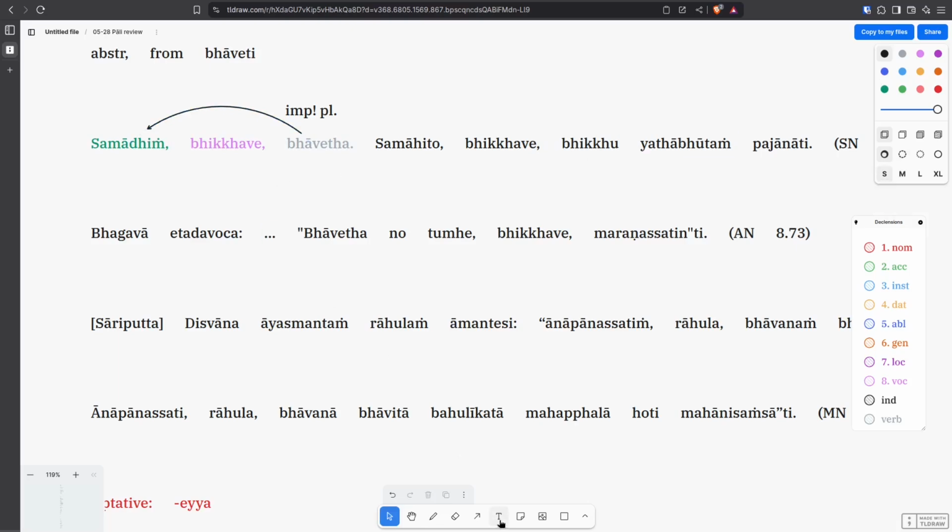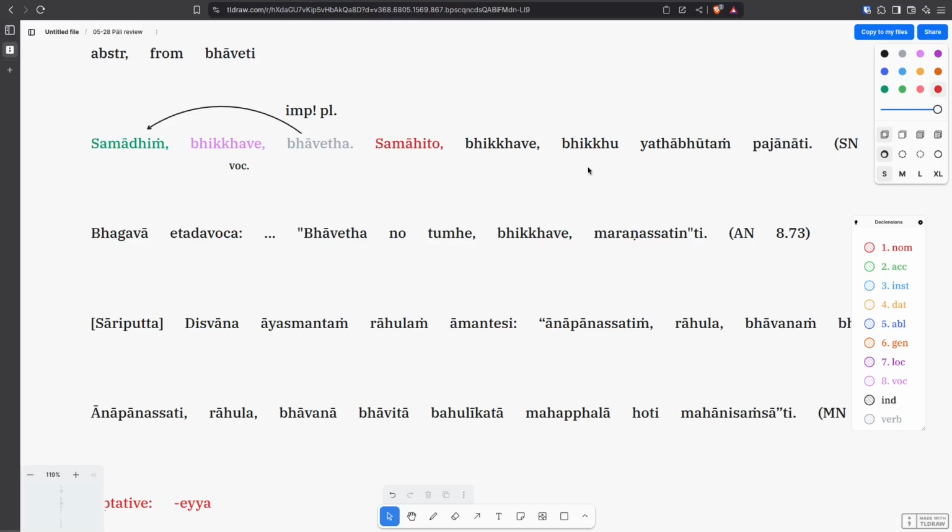Sometimes in the suttas you find the form bhikkhavo, and the Pāli experts say that this is some kind of older form, especially in poetry. Sometimes it can be bhikkhavo, sometimes bhikkhave. It's the vocative in plural, like you, bhikkhus. Okay, and then samahito bhikkhave bhikkhu yathabhutam pajanati. So the concentrated monk, the bhikkhu who is samahito.